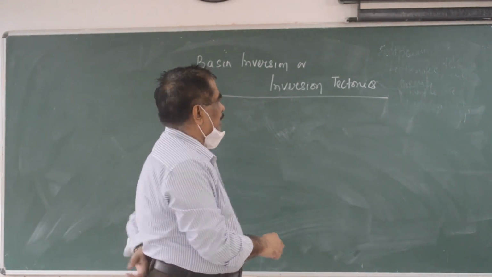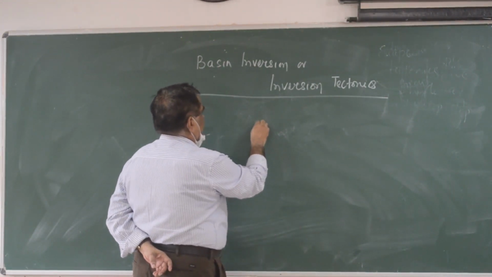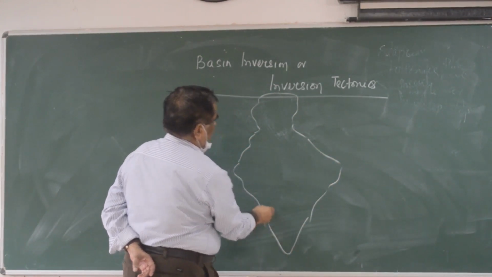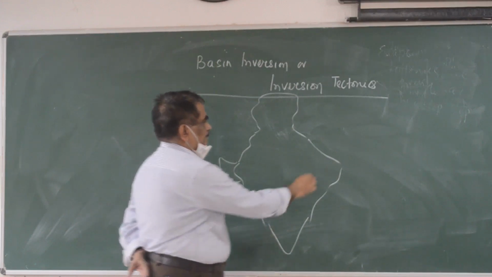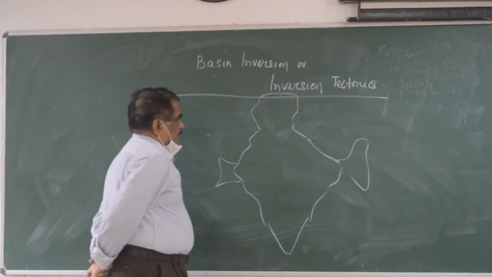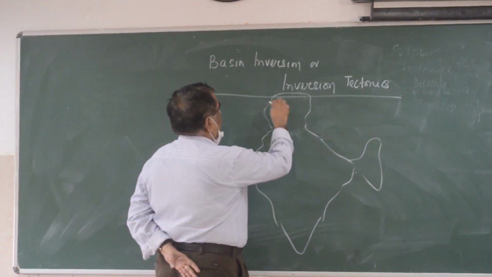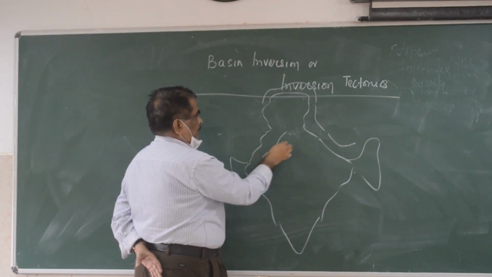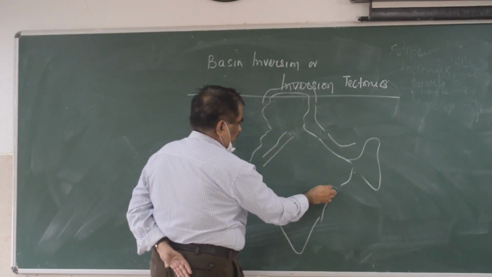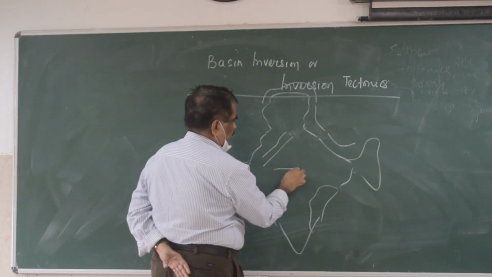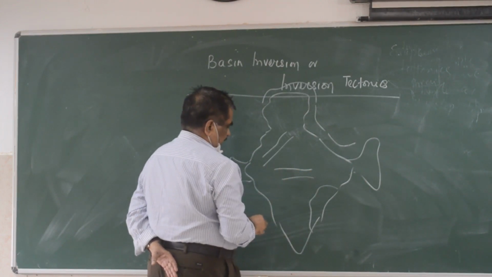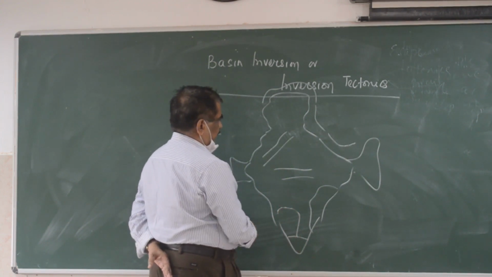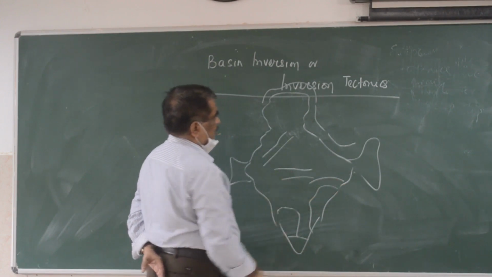Now you see the map of India, it is something like this. Now we have the Himalayan mountain range, then Aravalli mountain belt, then Eastern Ghat mobile belt, Satpura mobile belt, then we have Craton, Dharwad Craton, Southern Granulite terrain, Singhbhum mobile belt.